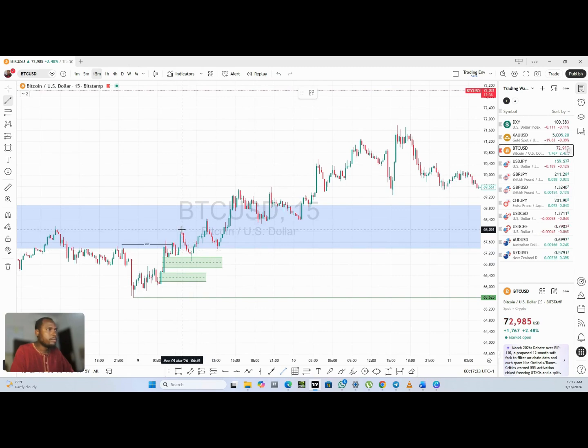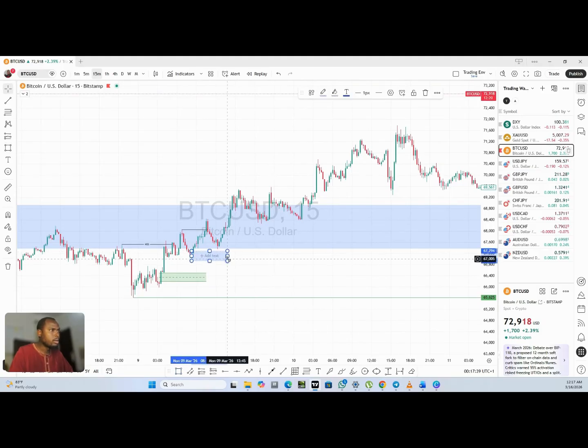Maybe here we have break of structure, and here we have this FVG and order block. So we can just go ahead and use it. And we have this small FVG here, which market tapped into.